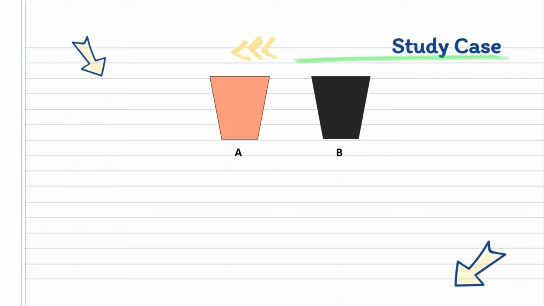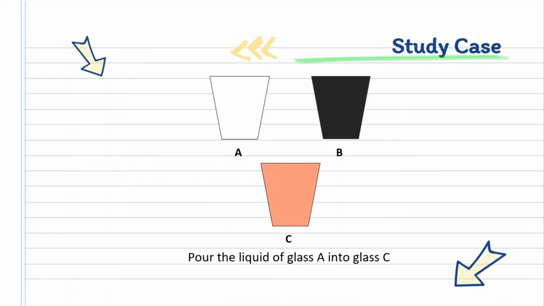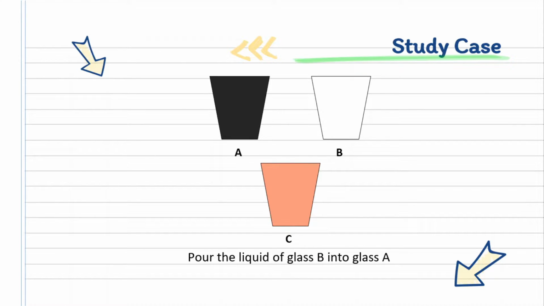The first step that we do is to prepare a third glass, namely glass C. Then pour the liquid of glass A into glass C. After that, we pour the liquid of glass B into glass A. And the last, pour the liquid of glass C into glass B. Finally, the liquid of glass A and glass B were successfully changed.